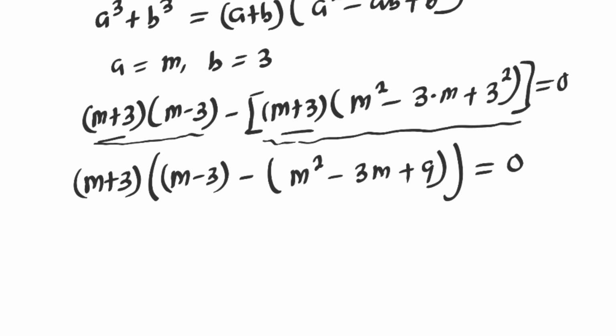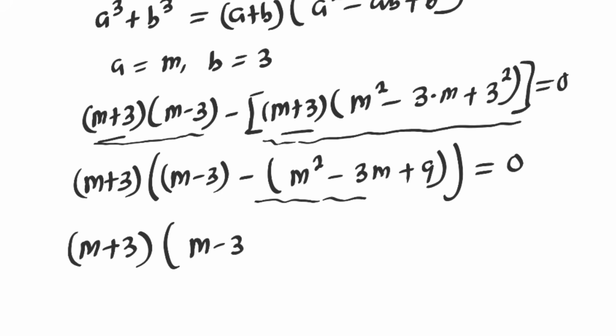Now here we have m plus 3 bracket we have m minus 3. Let us open this bracket with this negative sign. We have minus m square plus 3m minus 9, close the bracket, is equal to 0.